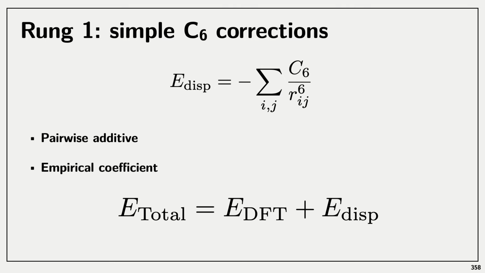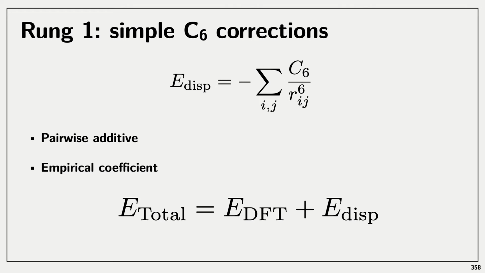Each pair of atoms interacts through a van der Waals interaction with a 1 over R6 dependence. So the first thing you could think is, well, why not add that correction to the total energy since we know it exists? We do not treat it quantum mechanically at all. It's really treated in a purely classical way.